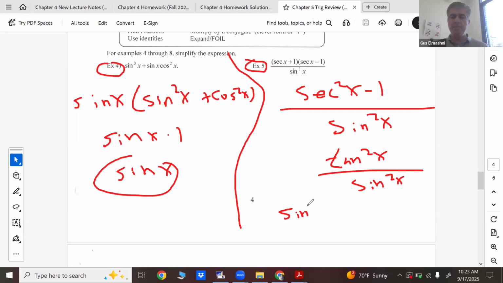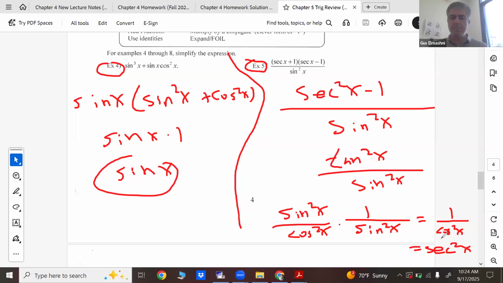But that's not simplified. It's called simplified for a reason. You want to make it look simple, right? That looks kind of crazy right now. Simplify. Example 4 is sine x.